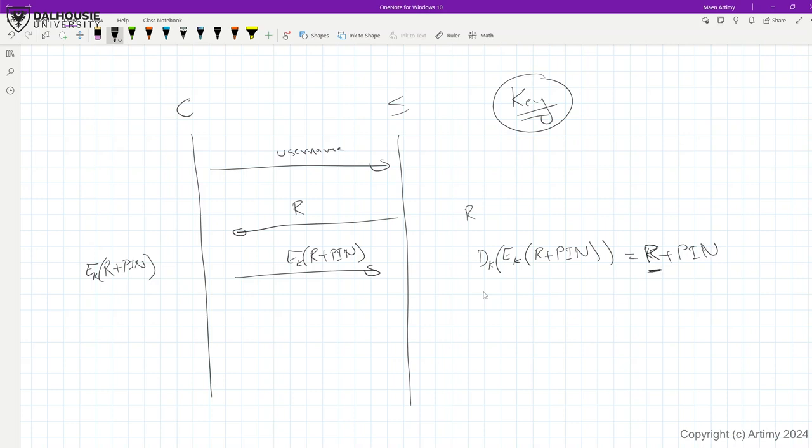The server knows that it sent this R and it has the PIN registered in a database, or it came during the login anyways. So now we know that this is the actual client. Why? Because they agreed on a key prior to that, right? If it's a different client, it will be a different key.